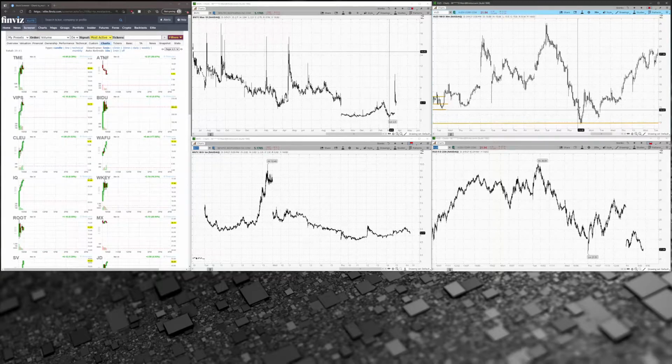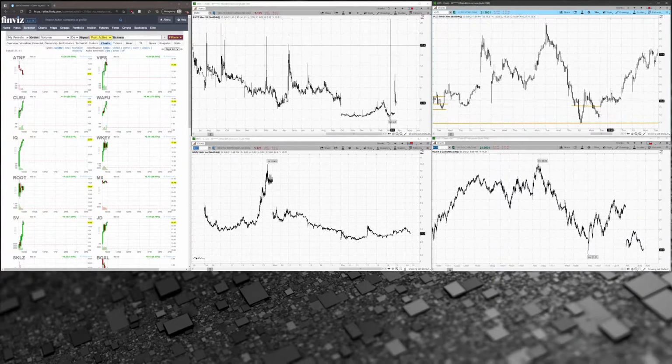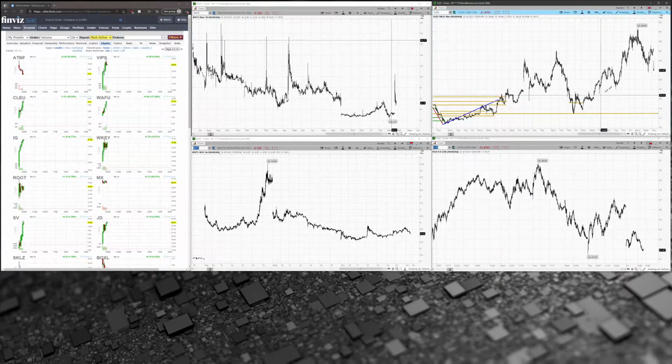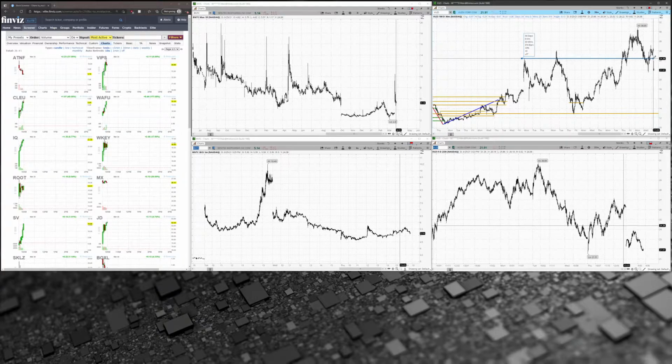It tests here. You actually had a failure move right here. Ran through it a bit. But from there, it continues higher. Then we recently tested this. It was pretty ugly. Kind of shot right through it and broke support in the same motion.